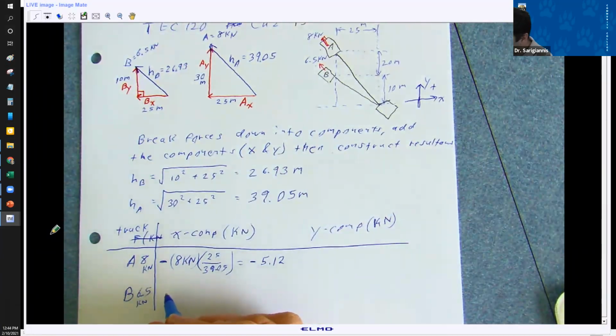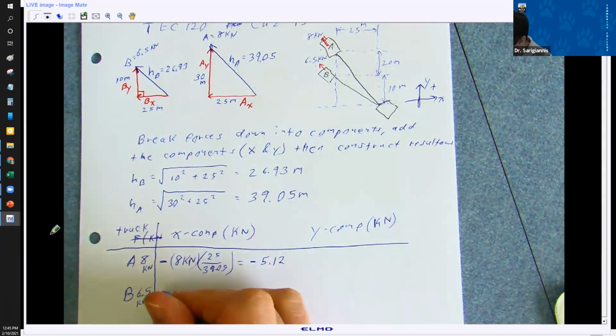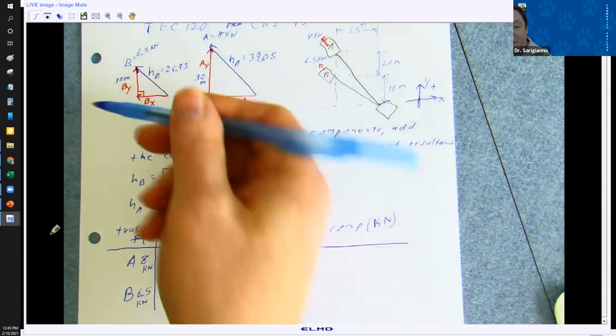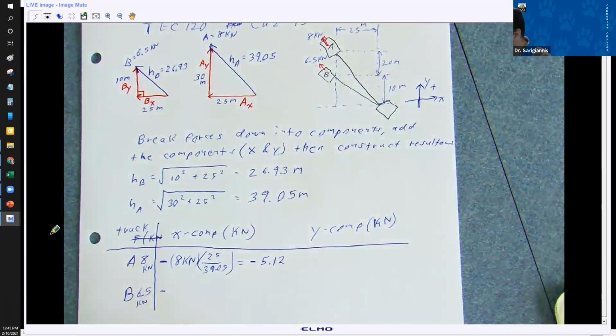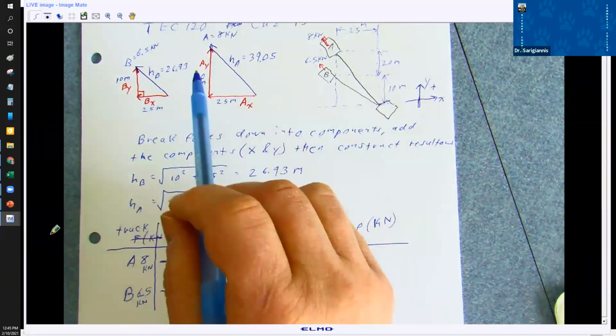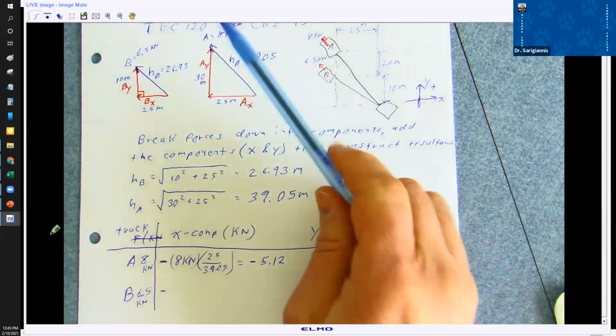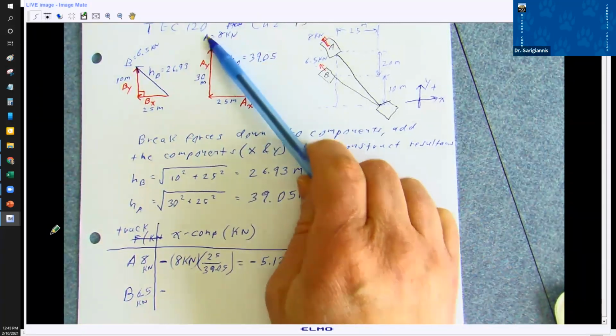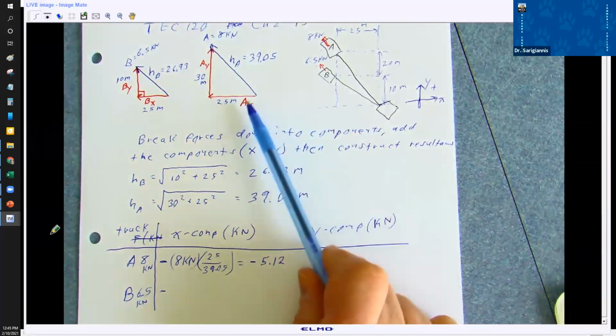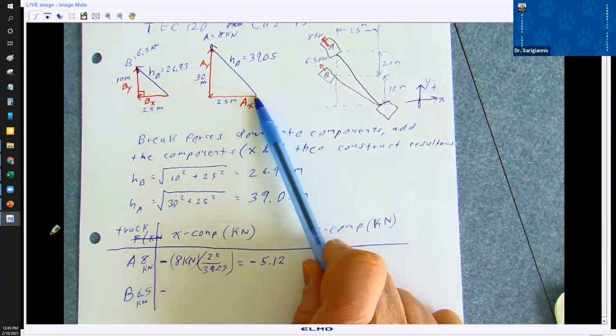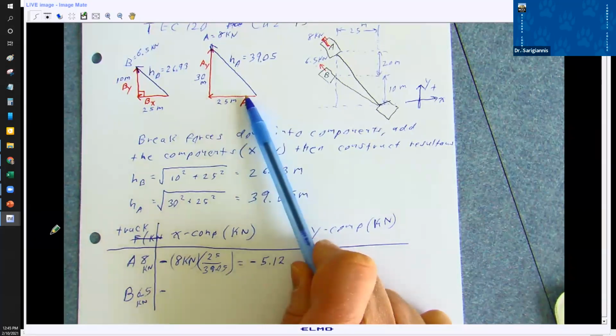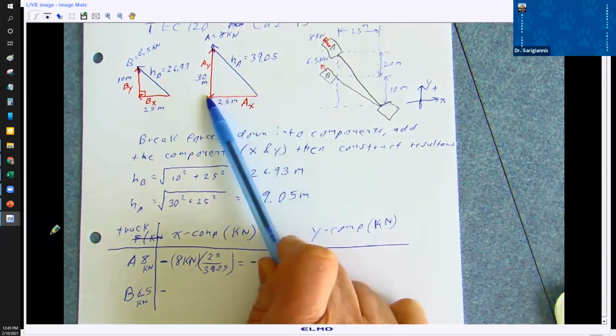Let's do the X component of B. So now B also has a negative component, right? It's pointing to the left. And again, we know the direction because we know the direction of the vector, right? The vector itself is pointing up and to the left. So that means the X component has to be to the left because it has to go tip to tail with the vectors, right?